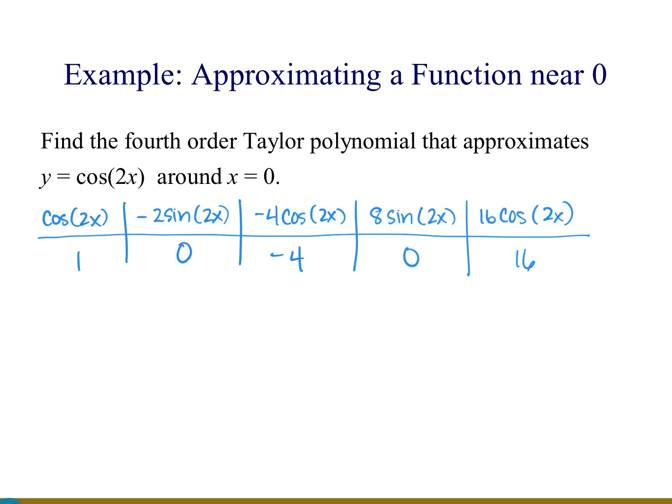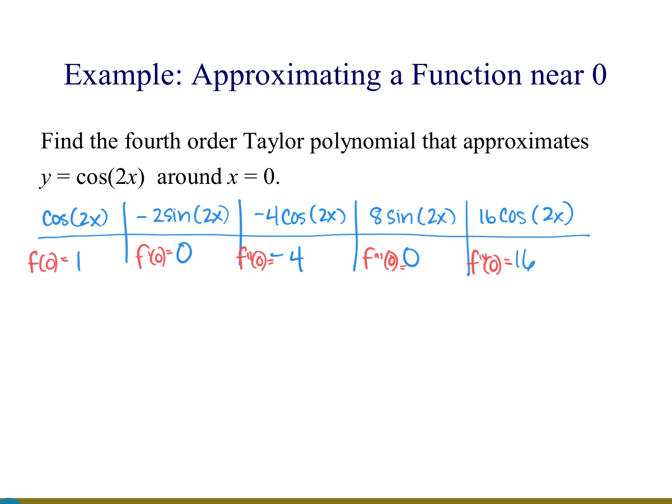So those are my values. So just remember each of these, this is what f of 0 is. This is what f prime of 0 is. This is f double prime of 0, f triple prime of 0, and f fourth derivative of 0. So those are my values I'll be using. Those are called the coefficients.